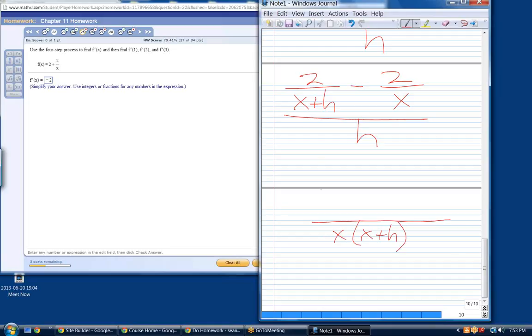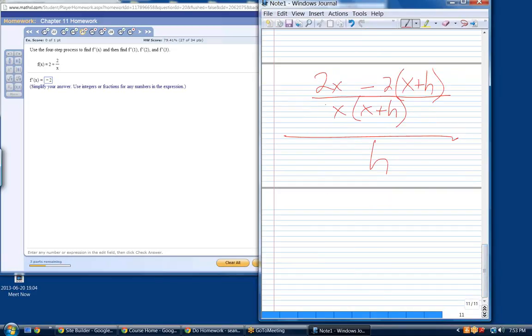So the term on the left is 2x. The term on the right is 2 times x plus h. Holler if I lose you. Okay. And the denominator is still h.